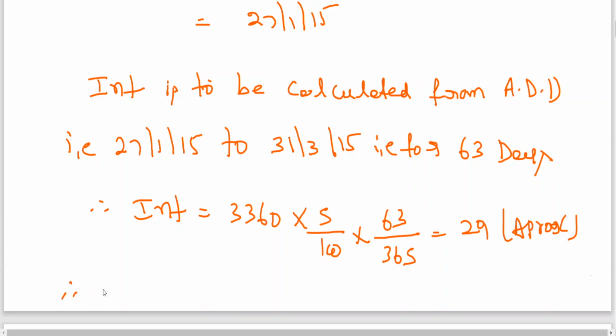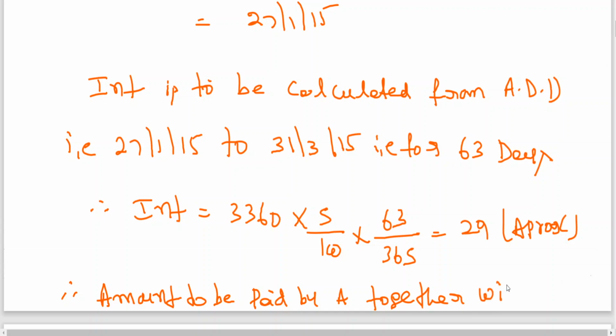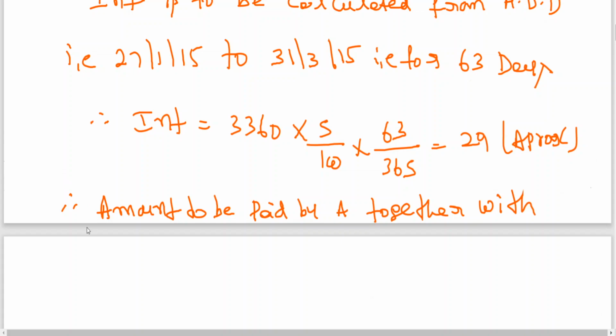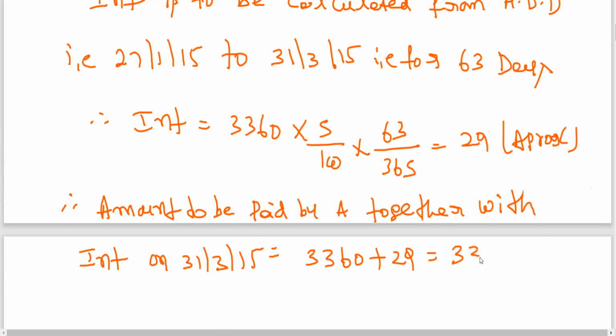Therefore, amount to be paid by A together with interest on 31st March 15 is equal to 3,360 plus 29, 3,389 is the amount that is to be paid.